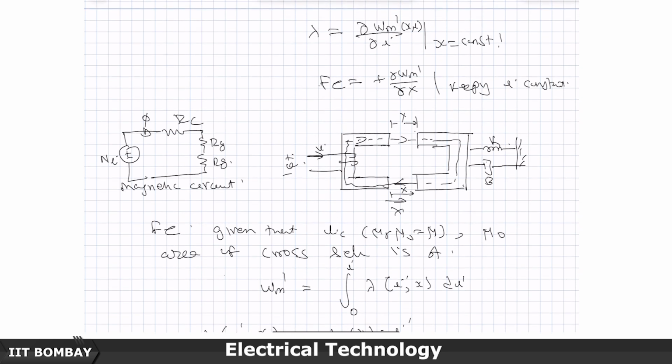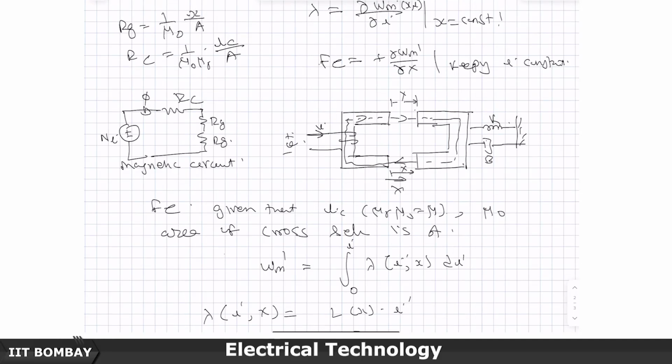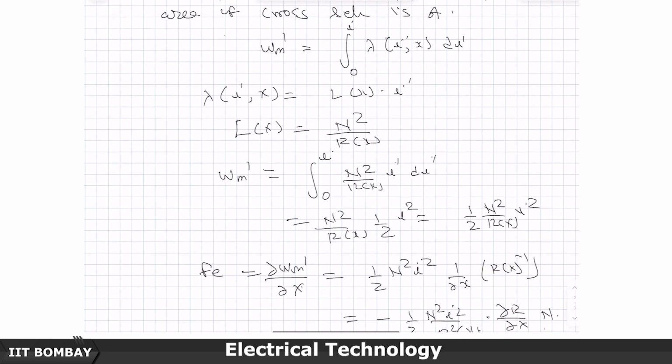So, this becomes my equivalent magnetic circuit. If I write for R g, it is going to be 1 by mu 0 times x by area of cross section, and if I write for the reluctance R c, it is 1 by mu 0 mu r into L c by A. So, let us take this down and write everything properly.